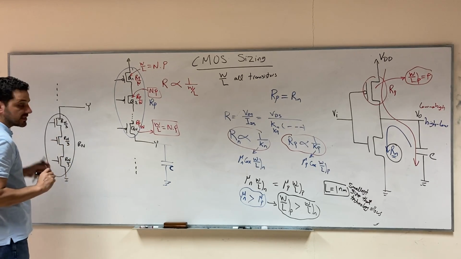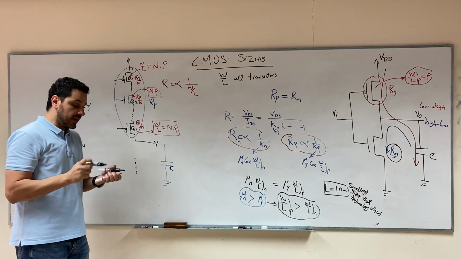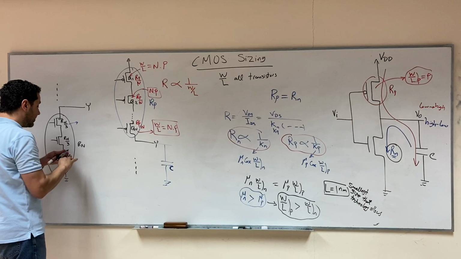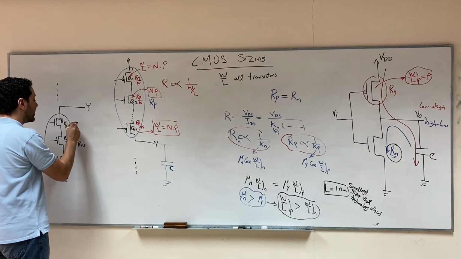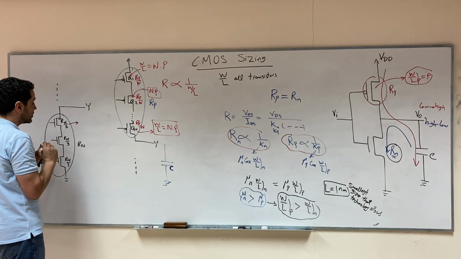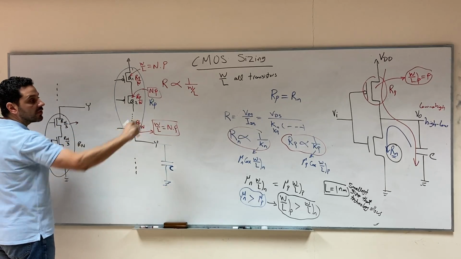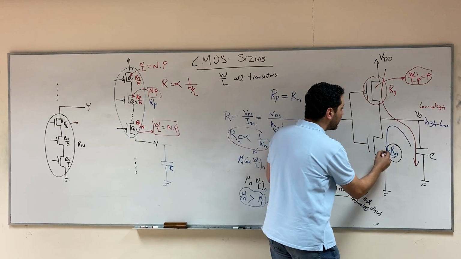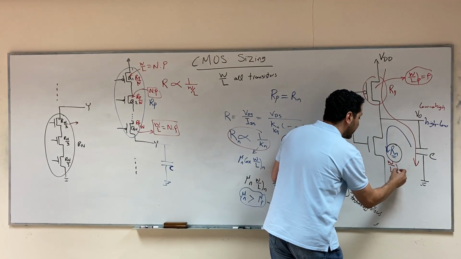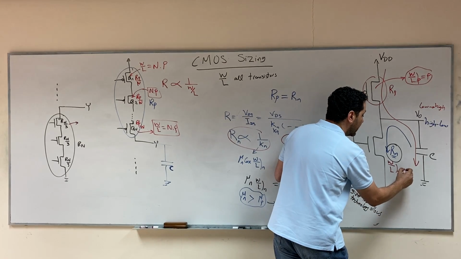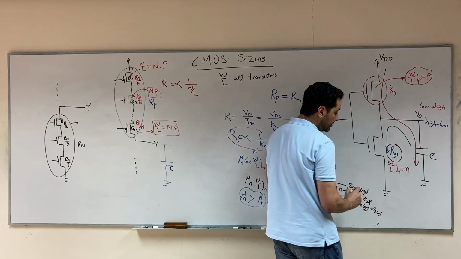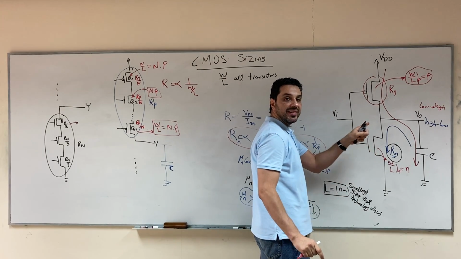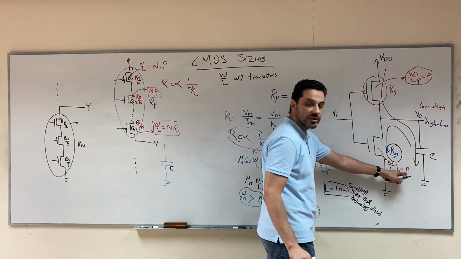This is with respect to the resistance. What about W over L? Since you divided the resistance by 3, W over L must be multiplied by 3. So W over L of this transistor must be 3 times W over L that we use for the NMOS here. So let's assume that W over L of the NMOS transistor of the CMOS inverter, well, let's call it N. We will call it N for simplicity.